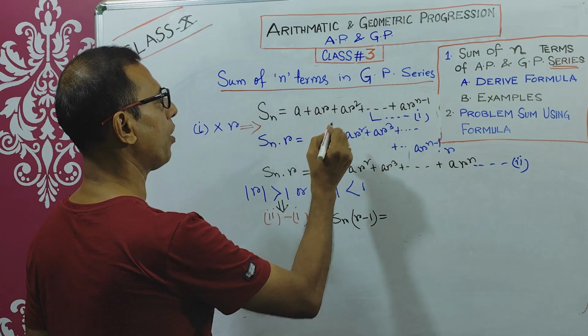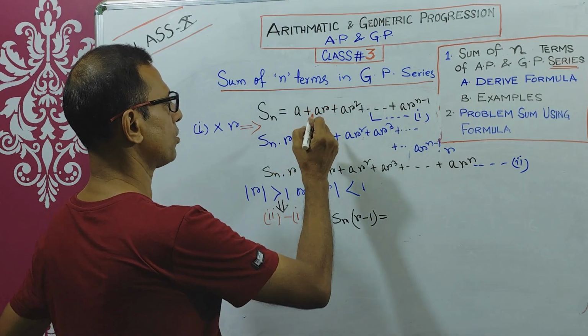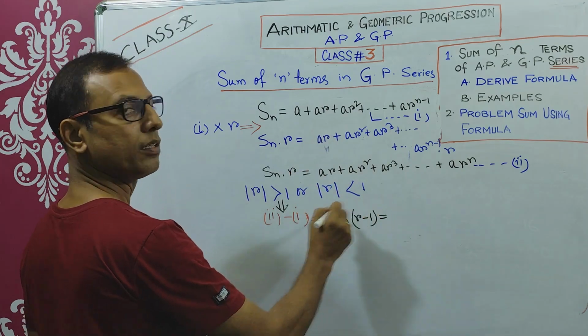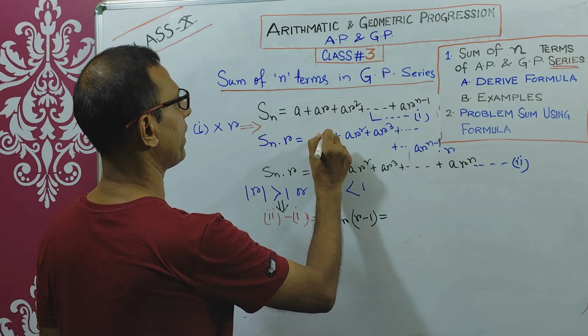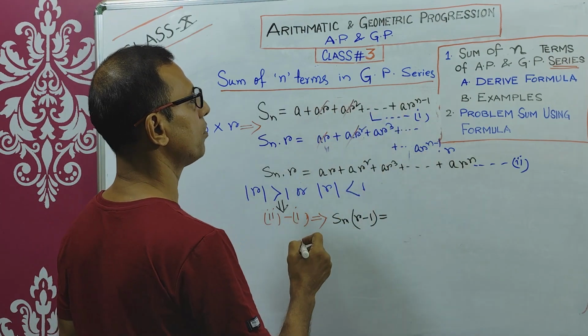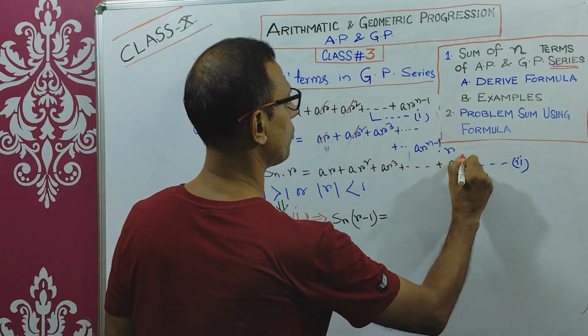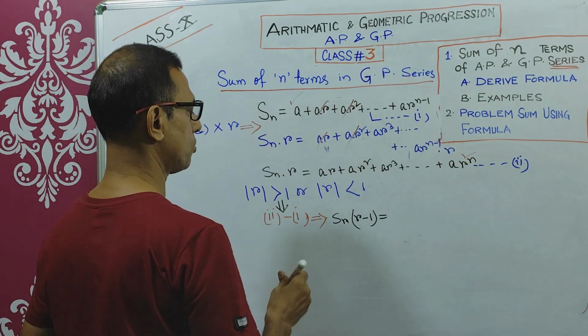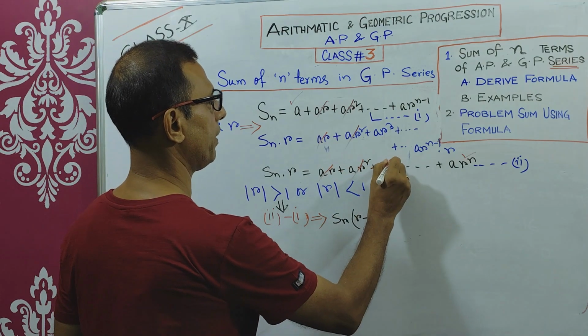So how will it cancel? It will cancel because you are subtracting equation 2 minus equation 1. So AR will be cancelled, AR square will be cancelled. All the terms will be cancelled except this A and A R to the power n.